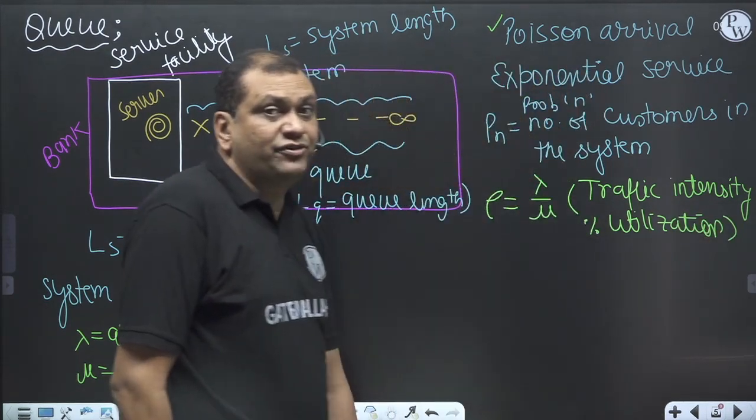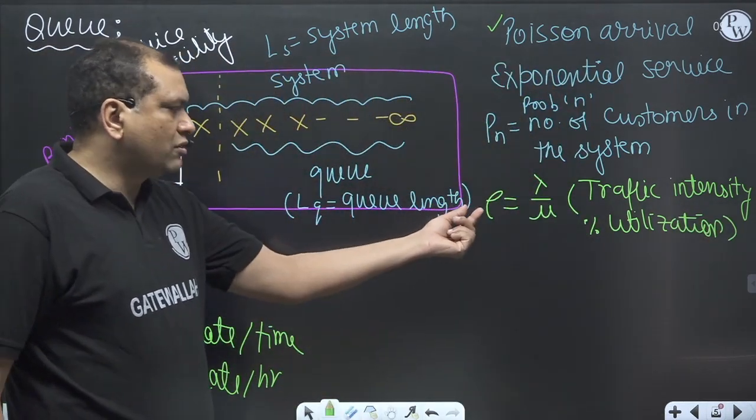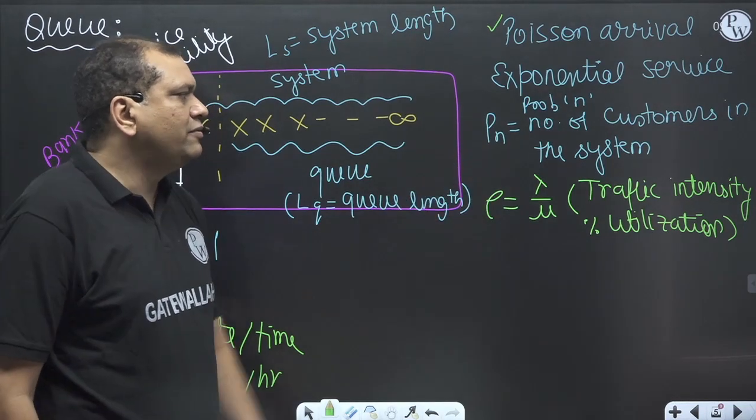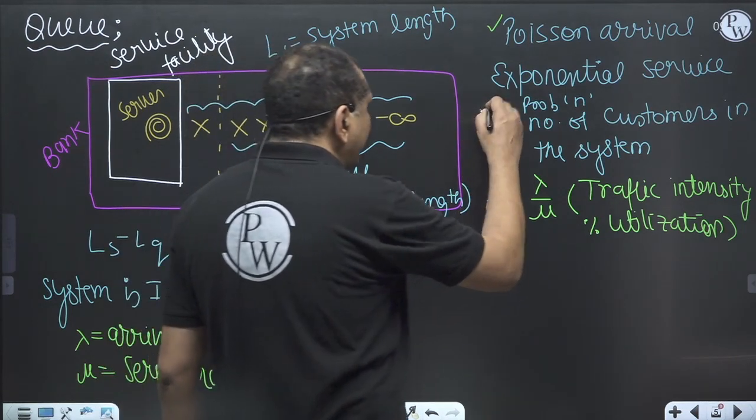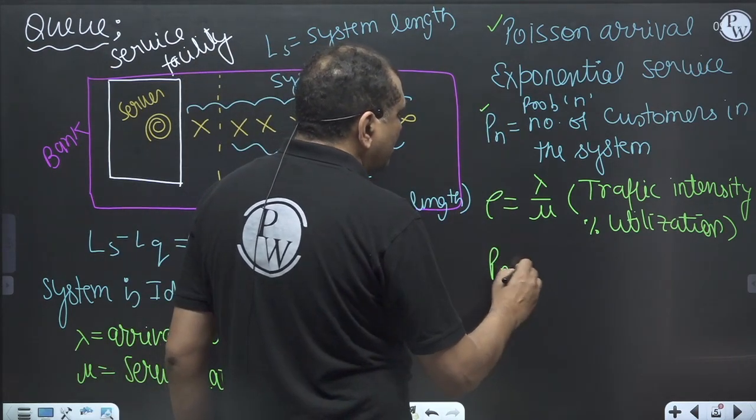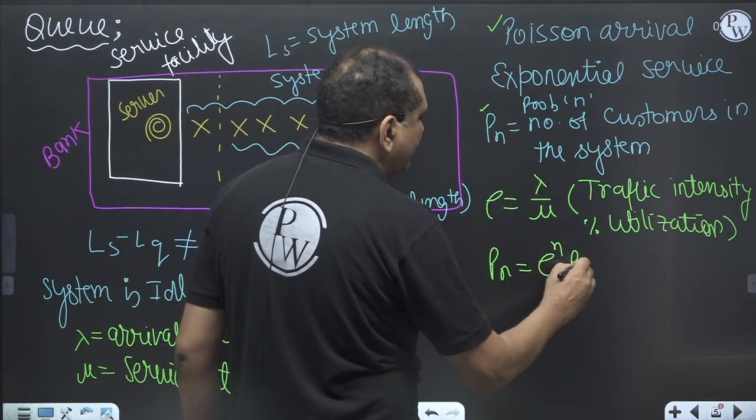So this Pn is rho raised to power n into P naught.